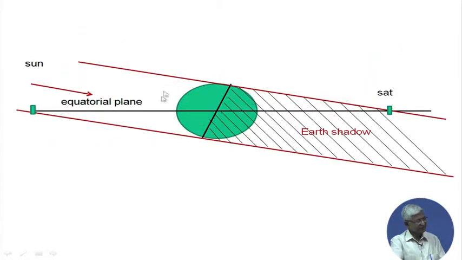Let me show another picture where the satellite is shown here, and this is the equatorial plane, and the sun is coming from the solstice towards the equinox. At some point of the year, some day of the year, the shadow of the Earth will start falling on the satellite, and that will happen sometimes in the night, isn't it?